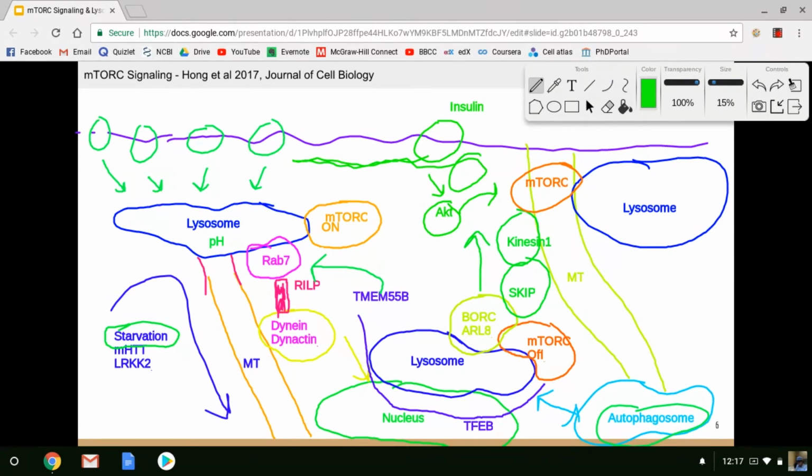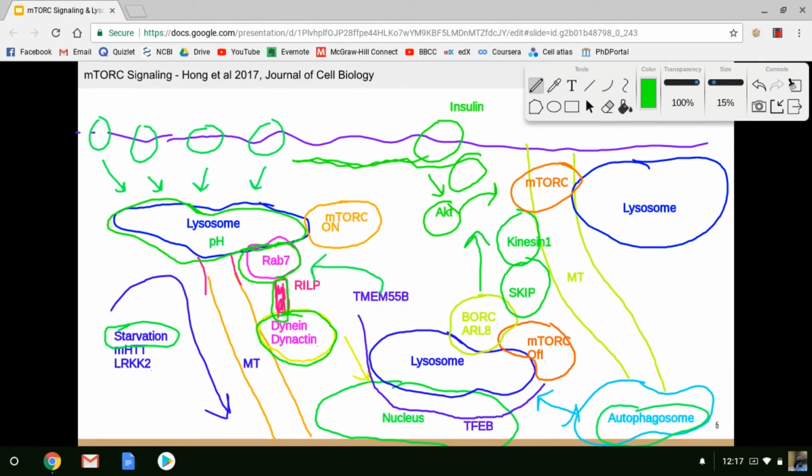So this is a general pathway for how lysosomes are moved towards the nucleus and then back out to the periphery. Let me just reiterate. So we have lysosomes over here in the cell periphery. Loss of amino acids, starvation somehow causes the retrograde transport, and it functions through Rab7. Rab7 binds to RILP, which interacts with dynactin, which is a component of the dynein complex.